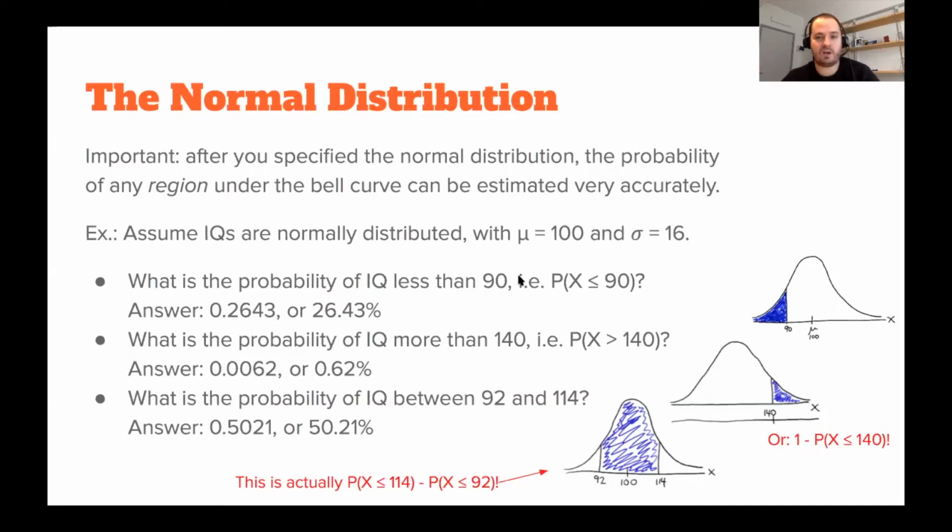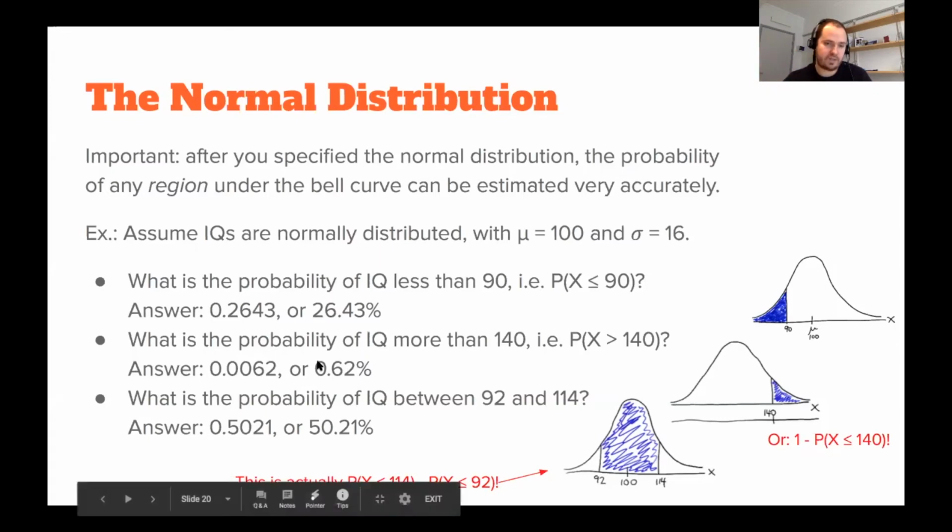So again, based on the fact that we remember that we have 100 and then we have the standard deviation of 16, we say 95% are between 68 and 132. So you can see that 140 is more than 132, right? So it's less than 2.5% of probability for sure.